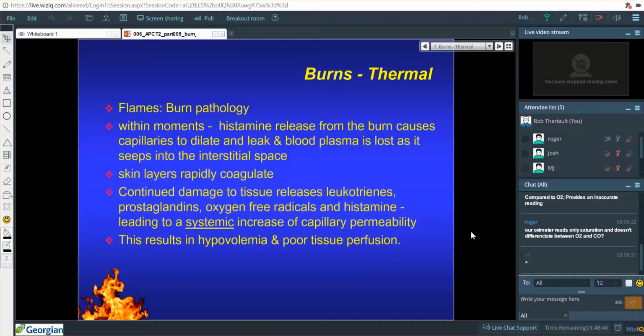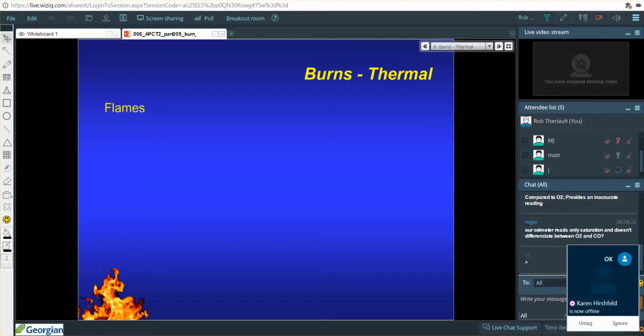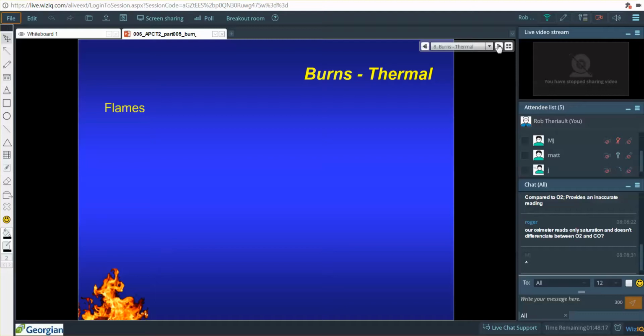They're much more likely to be hypovolemic because they've got trauma as well, and they've got bleeding internally. So at that point, a vicious circle begins in terms of volume depletion, hypoperfusion, and that leads to further tissue damage.